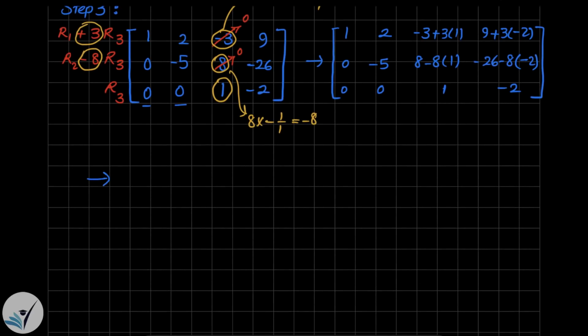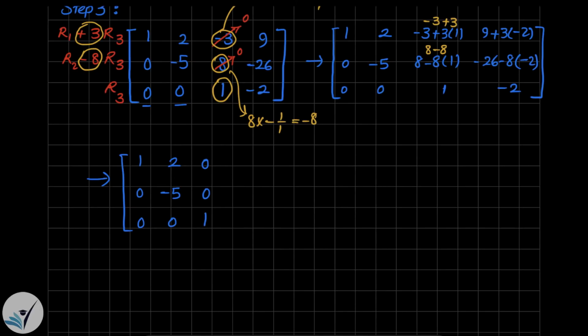Let's simplify the matrix. So on the first column we have 1, 0, and 0. On the second column we have 2, negative 5, and 0. On the third column here we have negative 3 plus 3, so we have 0. We have 8 minus 8, so we have 0. And then we have 1.